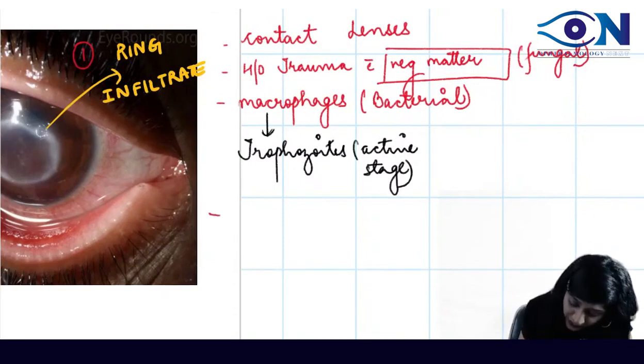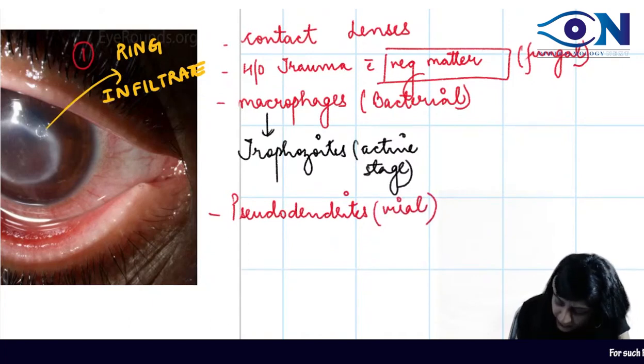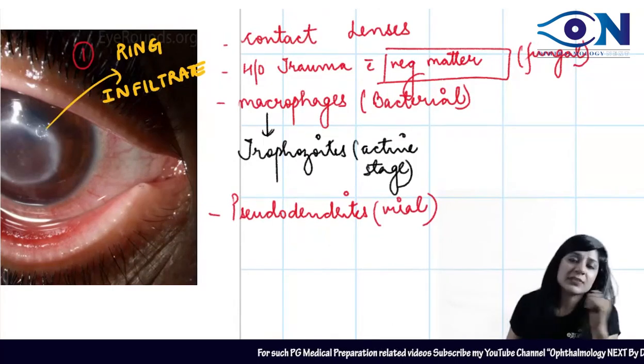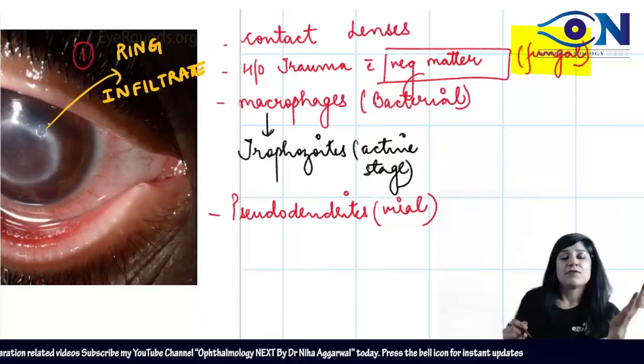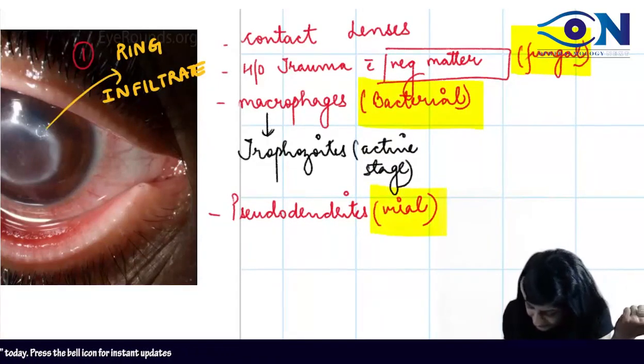Then we also get pseudodendrites, due to which we confuse it with viral. So can you see, we have a lot of complications. History of trauma with vegetative matter, confusion with fungal. Macrophages, confusion with bacterial. Pseudodendrites, confusion with viral.